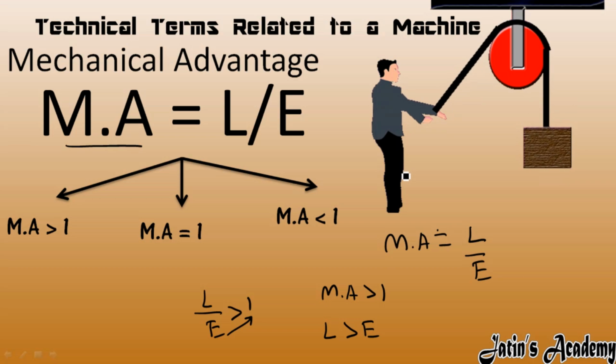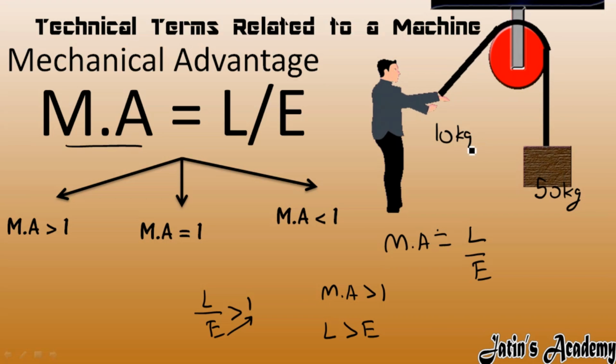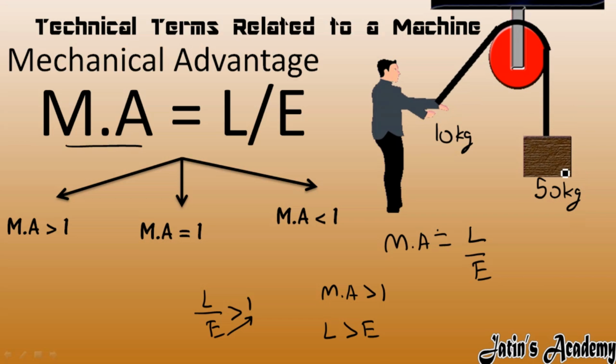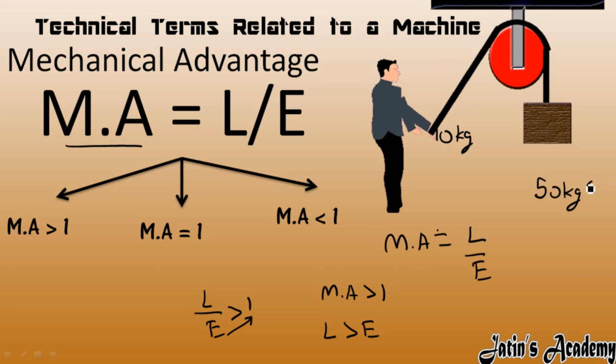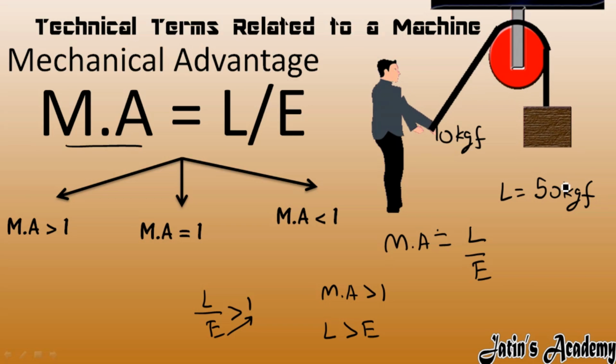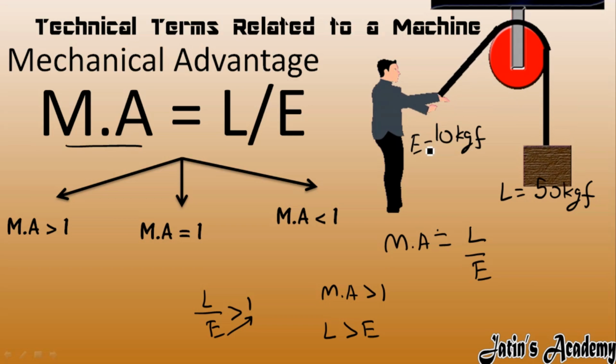Let's take an example. For example, this block is 50 kg and on the pulley we are applying only 10 kg. This 50 kg is actually not a force, this is mass. You can convert it into force by adding kgf. So load we have is 50 kgf and effort we are applying on the machine is 10 kgf.